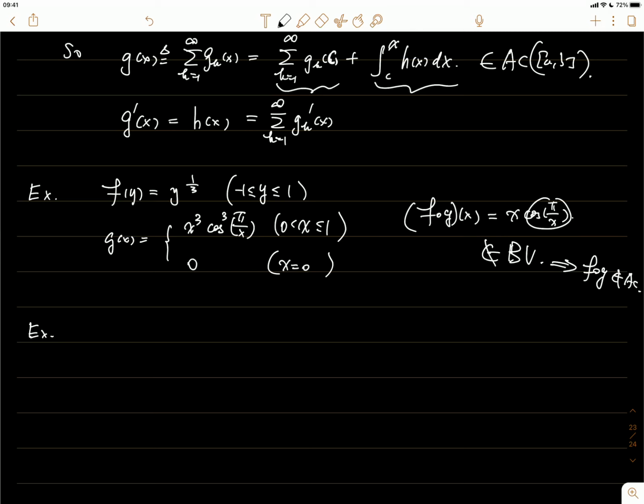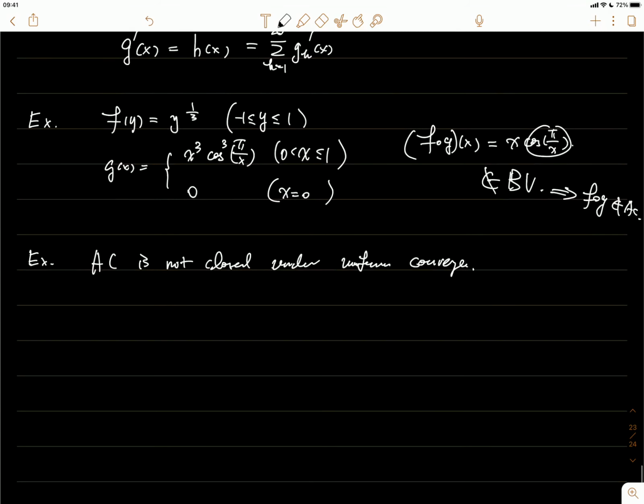The second example is that when we have a sequence of absolutely continuous functions and we take a uniform limit, the result may not be absolutely continuous. So absolute continuity is not closed under uniform convergence.